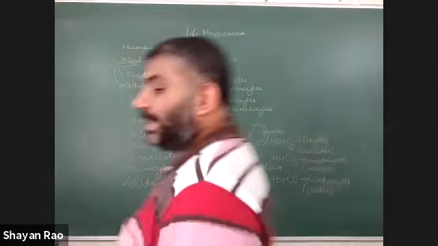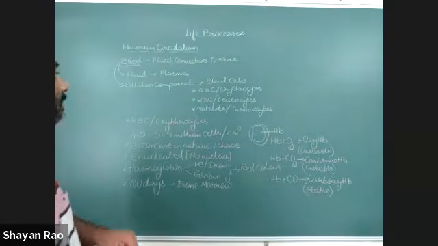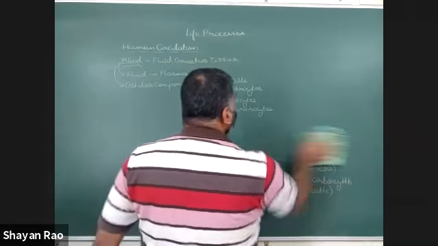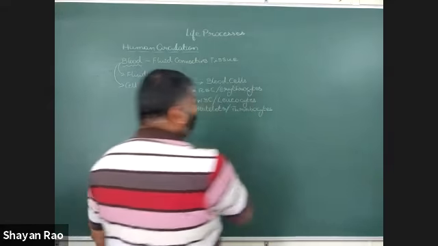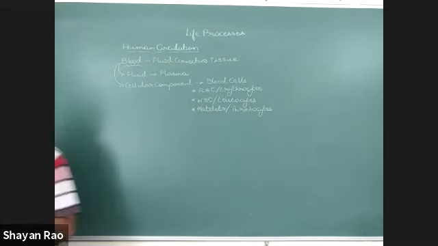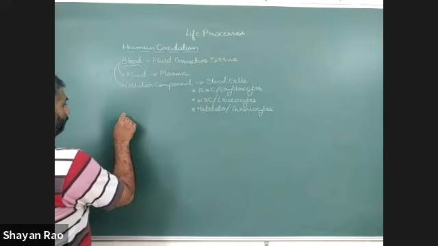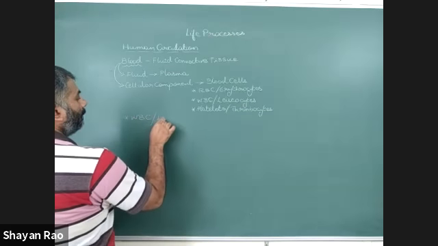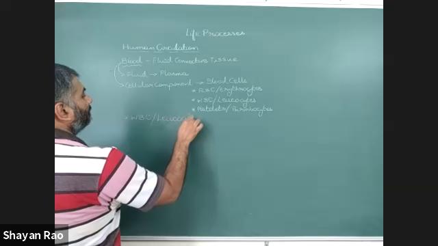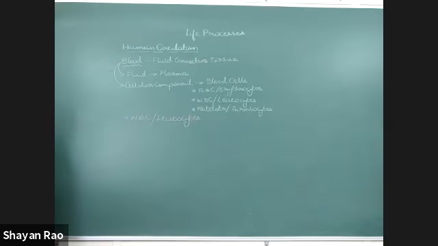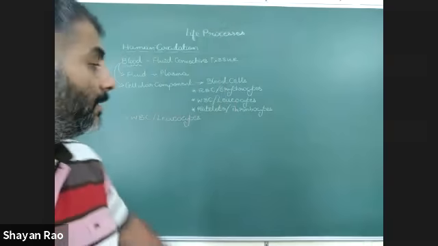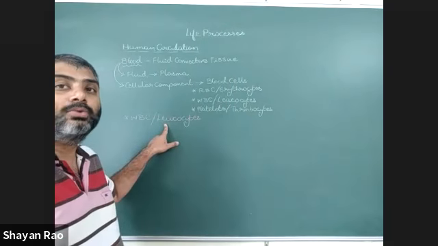Okay. So now next, let's try to understand the second component, which is called WBC or leukocytes. WBC are also considered to be white blood corpuscles of the human body, or another name we call them is leukocytes.